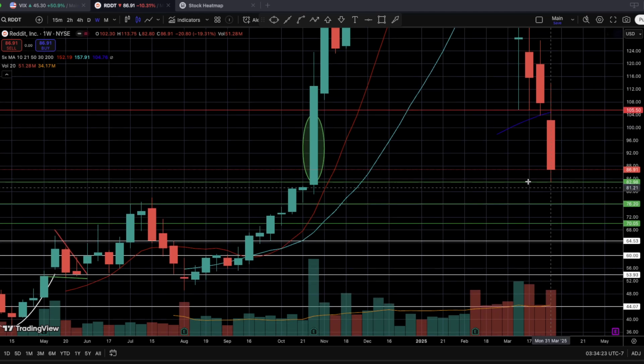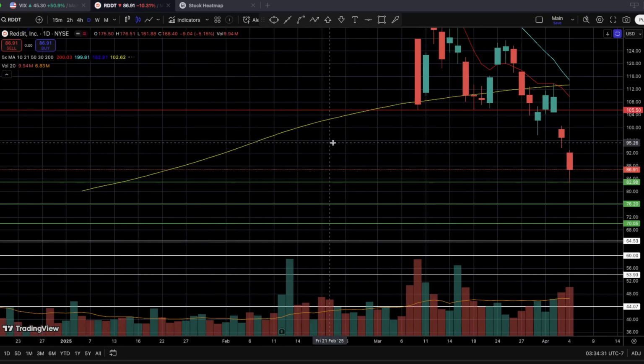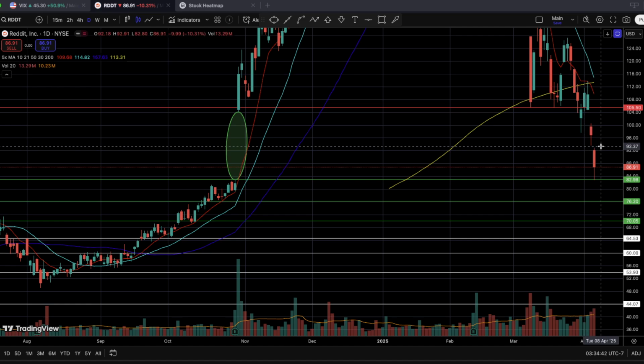First of all, on the weekly time frame, we had just filled in the earnings gap up here. Let me show you that in more detail on the daily time frame. It's a massive gap up on earnings day back in late October of last year, and last Friday we closed that gap to a couple of cents.